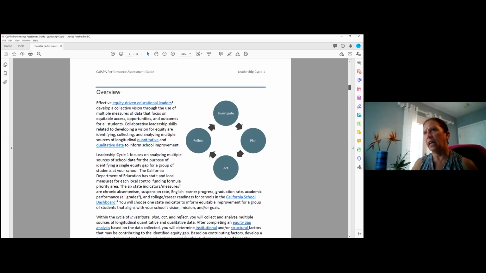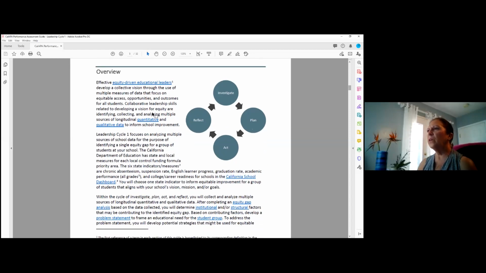We can keep going. All right, so now we're coming into the overview that Gay chatted about. What this overview does is lay out for the candidate, at that highest level, what the intent is, or the underlying foundational expectations for this leadership cycle. Again, notice 4 steps, starting with the investigation of the one school site that a candidate is working with to complete the cycle.